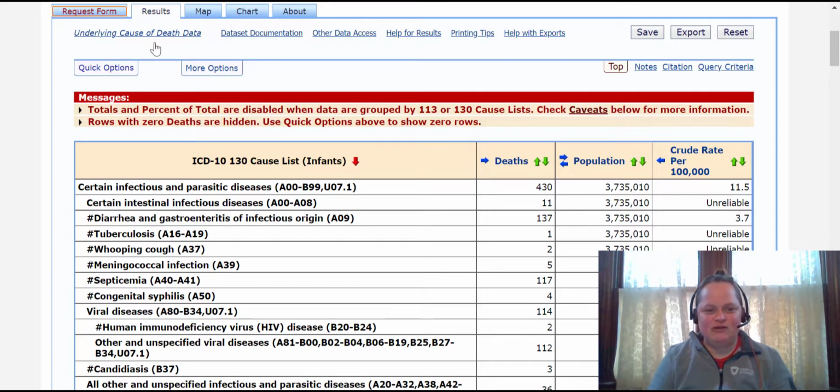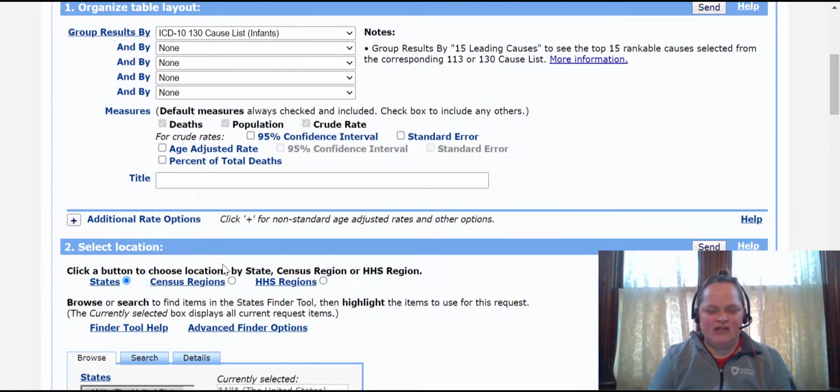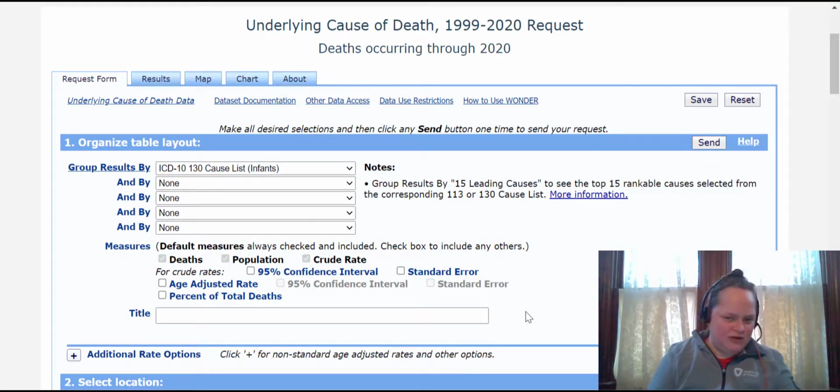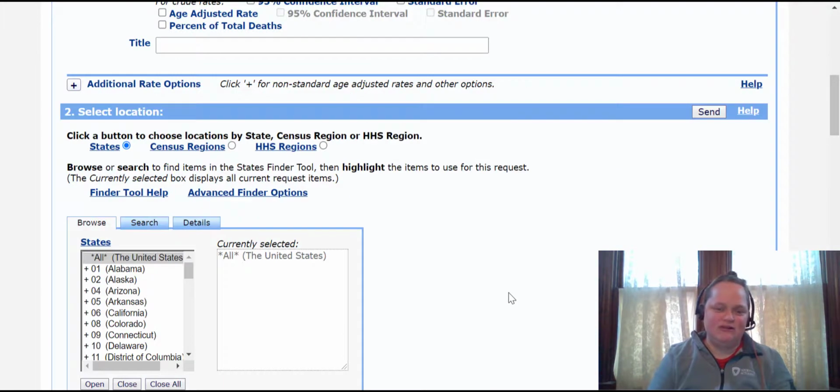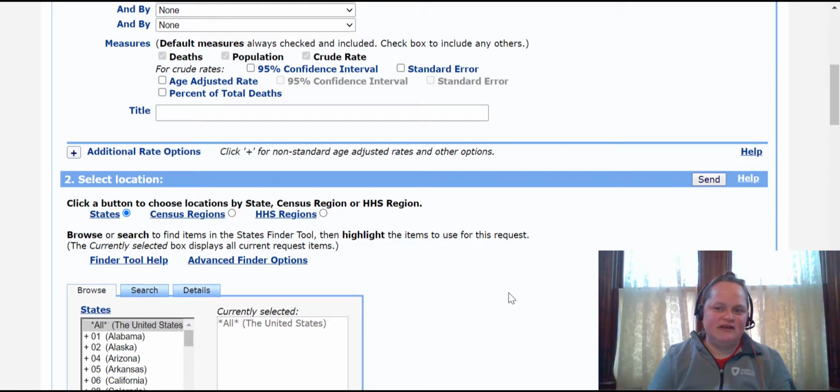So those are the different levels of causes of death in the underlying cause, or if you do the multiple cause of death, those are the different levels. They're using the ICD-10. In this database, they use ICD-10. You can actually get earlier databases that use ICD-9, and I'm trying to remember if one of them uses ICD-8. There are ways that you can map the different codes to earlier versions.